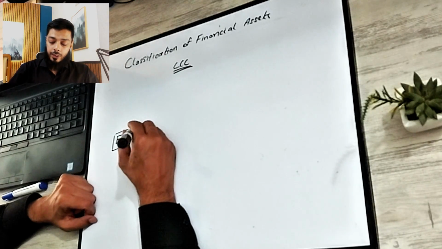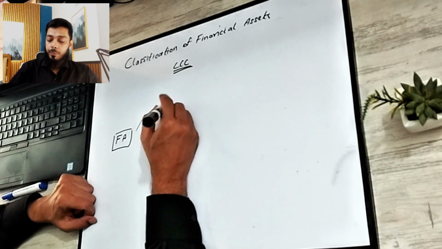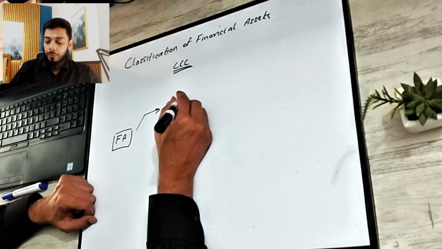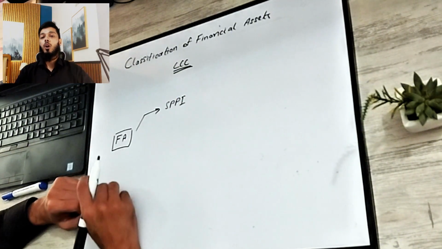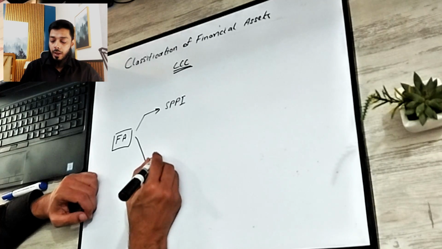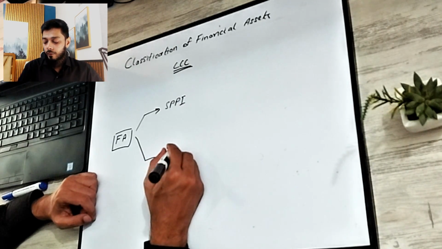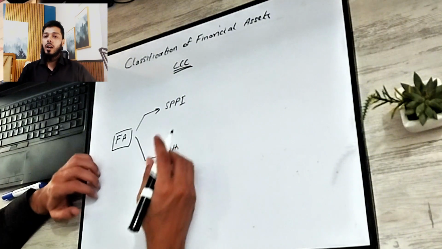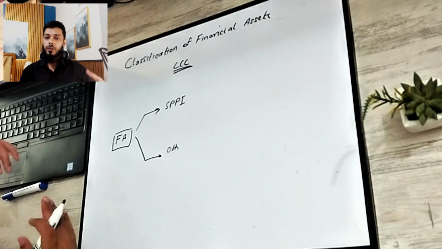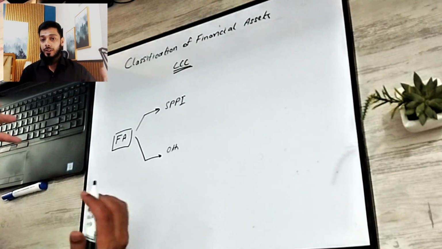The financial asset could either be SPPI, which means solely payment of principal and interest, which means a normal bond which has only a repayment of principal and interest would normally meet this criteria. And then a financial asset can also be non-SPPI or other than SPPI, which means that there are some variations in the cash flows that are other than normal principal and interest. And there are a lot of examples for these.